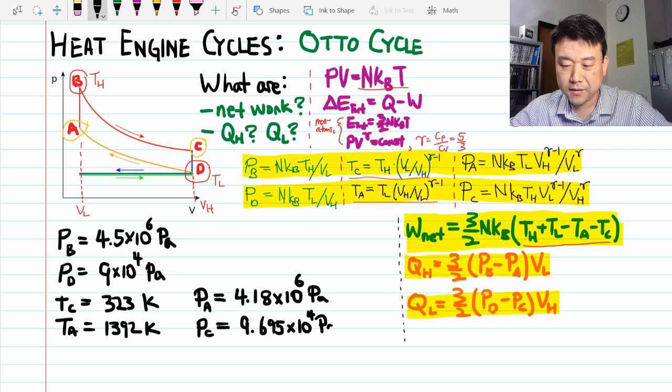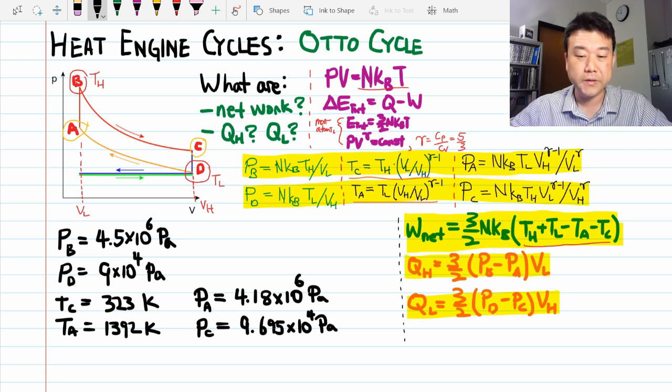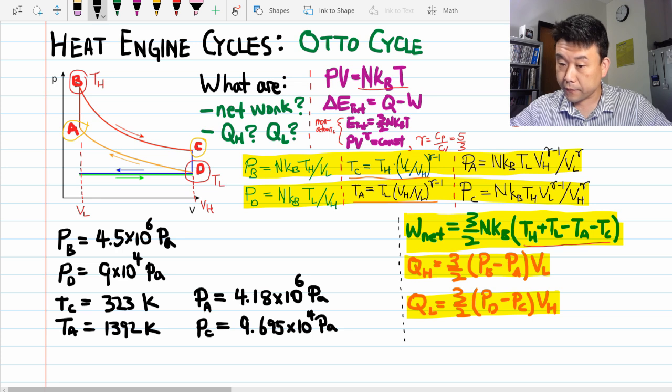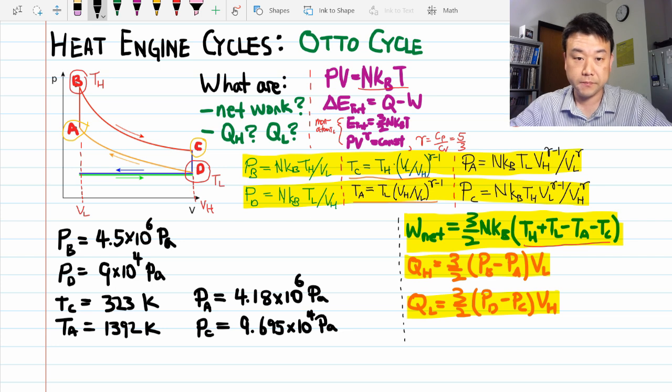I don't know if I needed to keep that many significant figures. Alright, so we have all the numbers we need. Plugging these numbers in gives us our result.